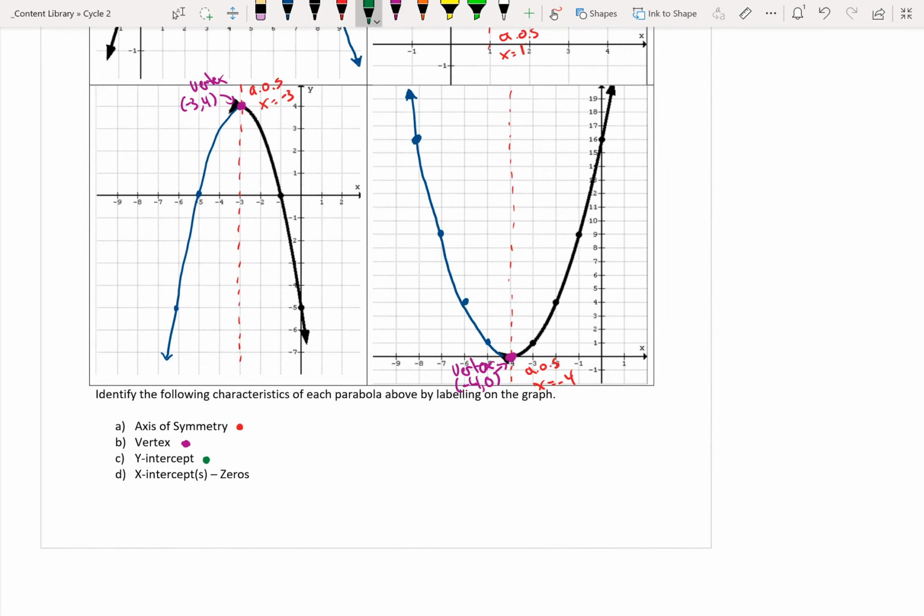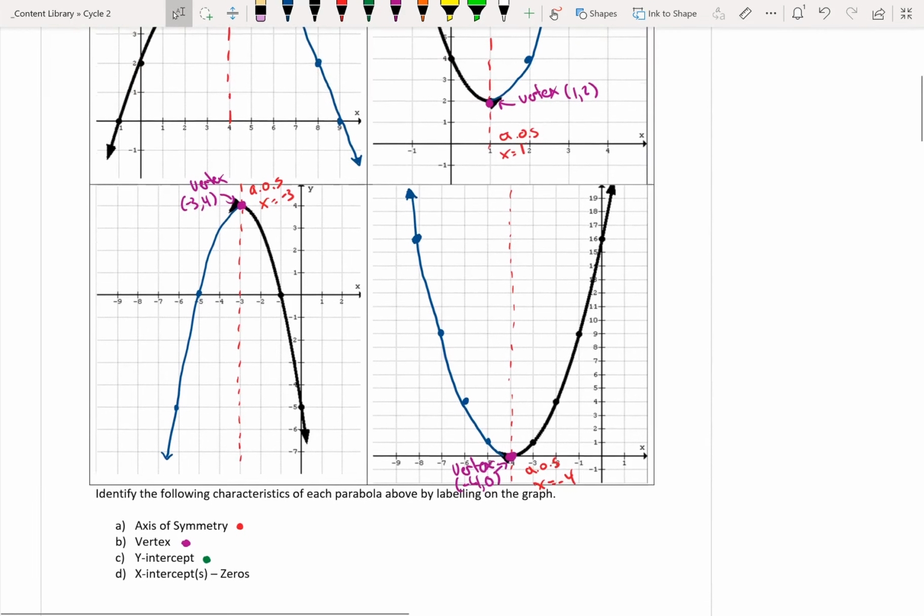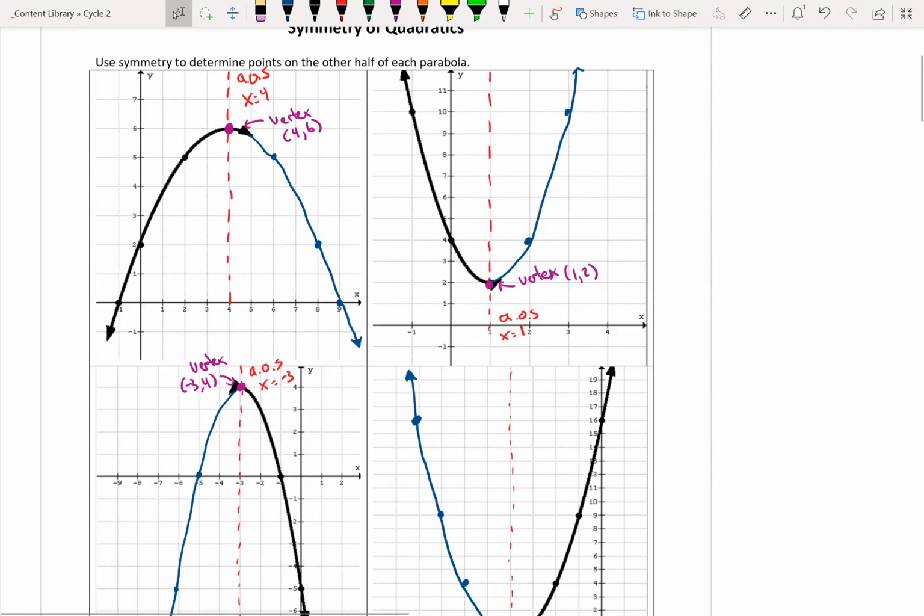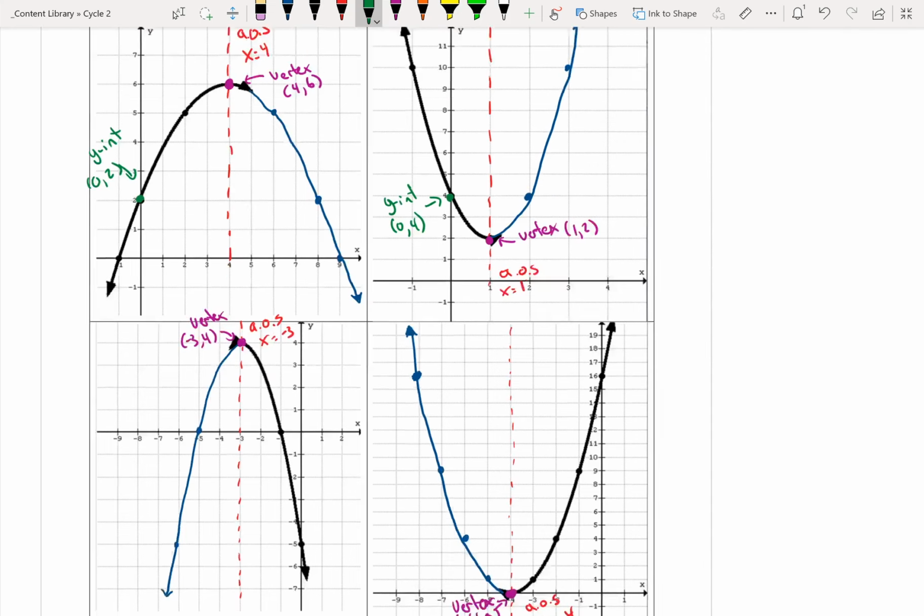The y-intercept we should be familiar with. That is where it crosses the y-axis. So that's our y-intercept, and it has the value of (0, 2), and crosses here again. It has the value of (0, 4).